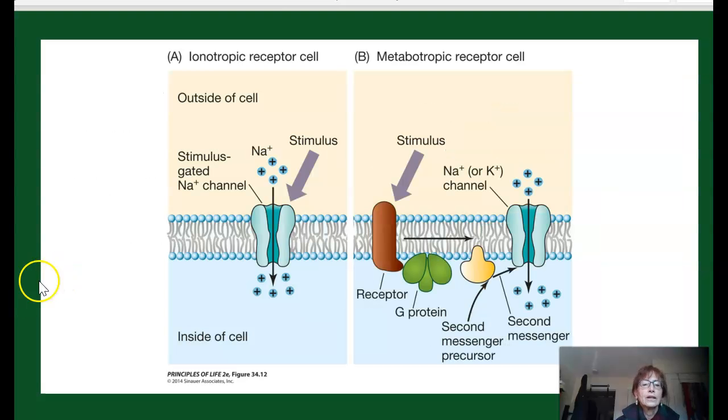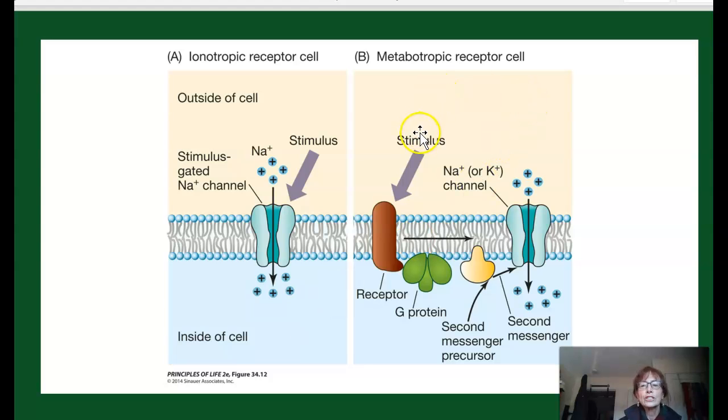All right, so here are some receptors. Ionotropic, remember, are the ones that actually have a channel, so when some stimulus, like a ligand, lands on it and opens this channel, then we simply have whatever ion is going to be able to flow in, mostly.